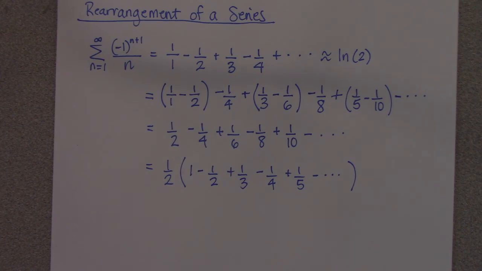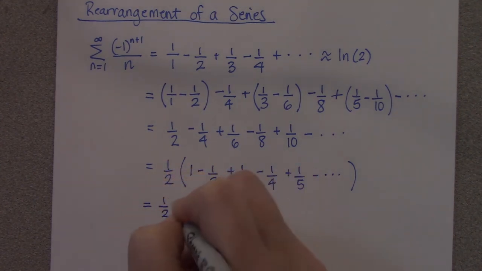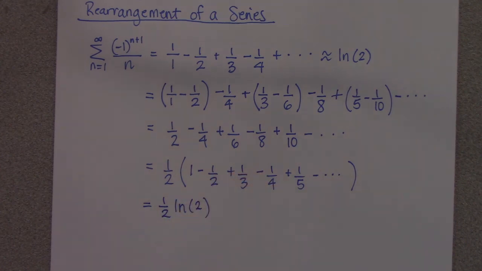So look what's in the parentheses now. It's the original series. So we know that when you take these terms and sum them in this order, it's equal to about the natural log of 2. So the sum of the rearrangement is 1/2 of the natural log of 2.